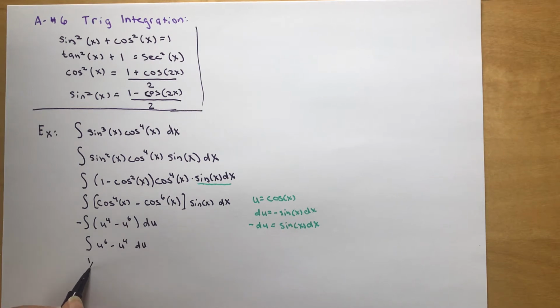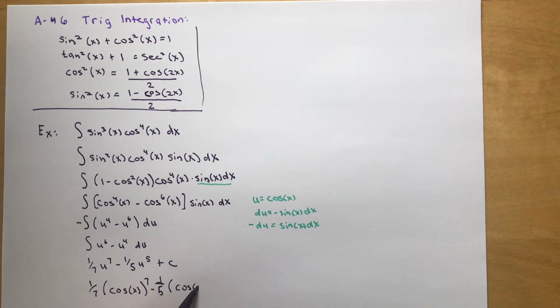That will be 1/7 u to the 7th minus 1/5 u to the 5th plus c, which will be 1/7 cosine x to the 7th minus, sorry about that, 1/5 cosine x to the 5th plus c.